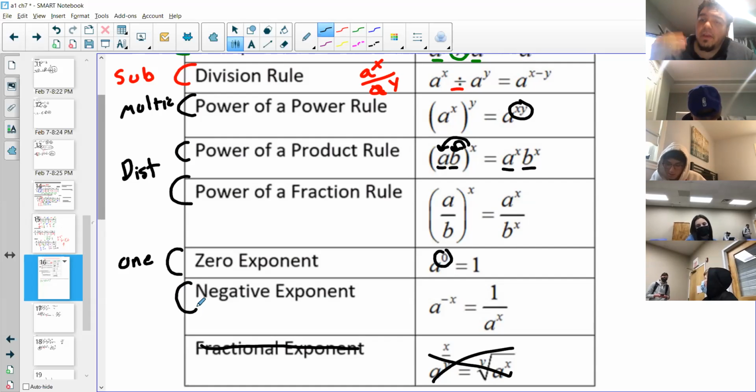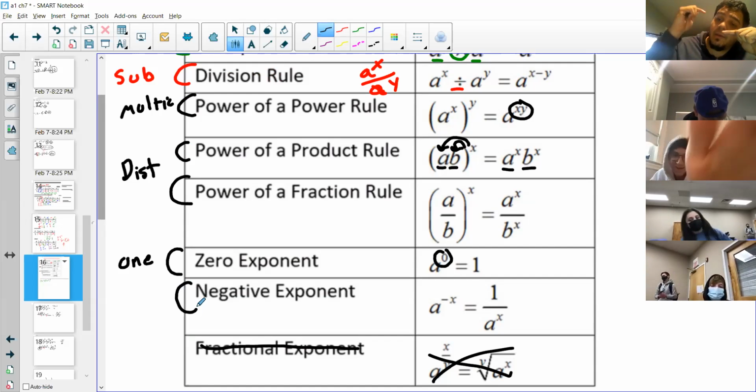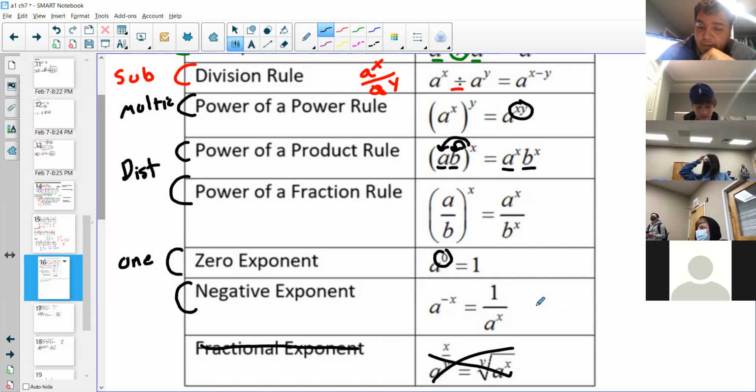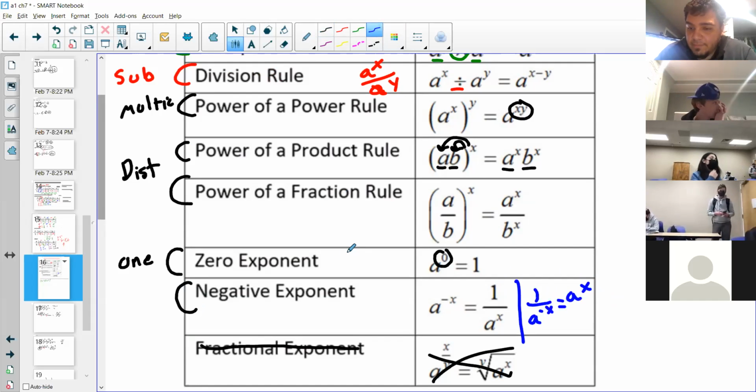The negative exponent moves it down to the denominator if it started in the numerator, or it could do the reverse. It'll start in the denominator and move up to the numerator. So it could either start at the bottom here, or you could have a separate question where you have 1 over a to the negative x, and that would equal, you move it back up, a to the x. Okay?